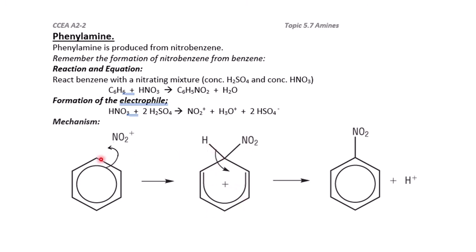We now show the hydrogen that was always there, but the skeletal representation didn't have it. And then that pair of electrons goes back in and reforms the delocalized pi ring, leaving our nitrobenzene structure. And you remember that that H plus is regenerated because sulfuric acid is a catalyst. The HSO4 can add on to that H plus and then go back to sulfuric acid again.